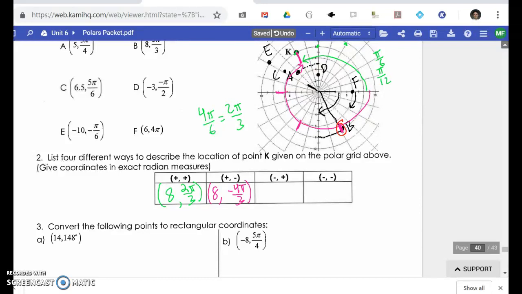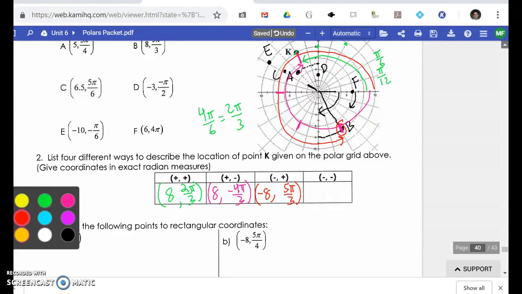So what we're going to look at is, how do you get to B by a rotation? If we did a positive rotation all the way around to here, that would be a positive rotation of 5 pi over 3. But we don't stop here, because if we make the radius negative 8, that'll push us back through the pole and we'll land on K.